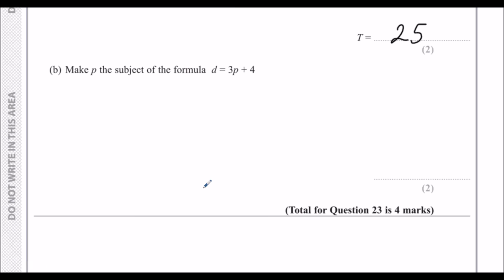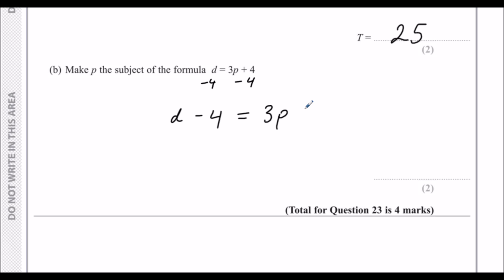Part B, make P the subject of the formula. So D is equal to 3P plus 4. We want P by itself. So I'm going to get rid of a plus 4. To get rid of a plus, we do the opposite of adding, which is taking away. So D minus 4 equals 3P.